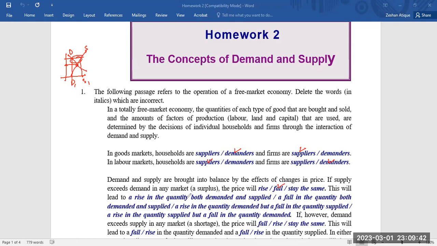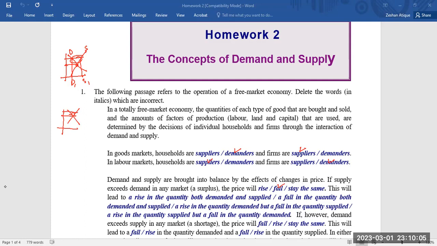You have different options. What will happen? You may see this in the diagram. When the price falls, you have a backward movement along the supply curve and a forward movement along the demand curve.